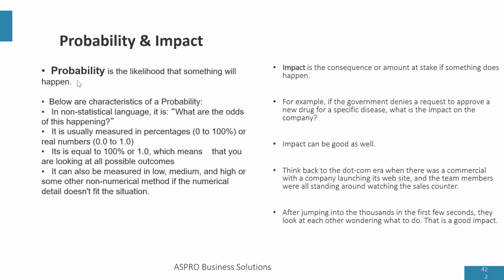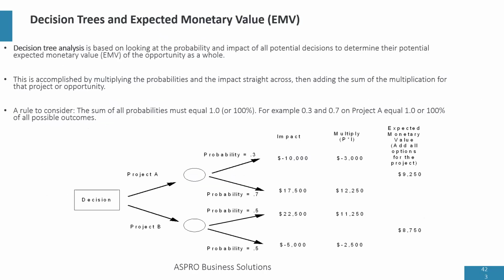The impact here has to be quantitative because we are talking about quantitative risk analysis. So let's look at how it works using decision tree analysis. Now, decision tree analysis uses expected monetary value, EMV, and I'll show you how it works. It uses EMV to make decision.